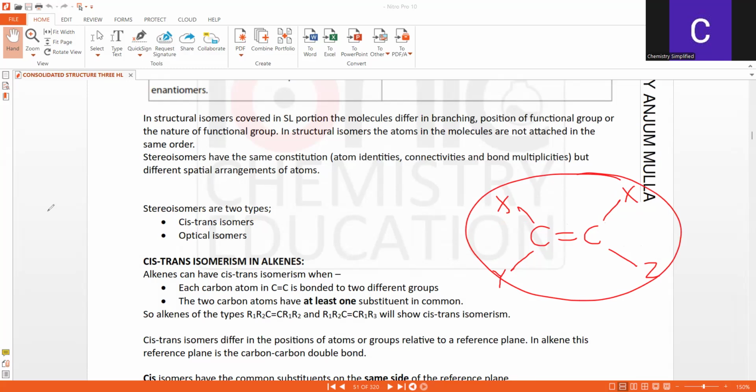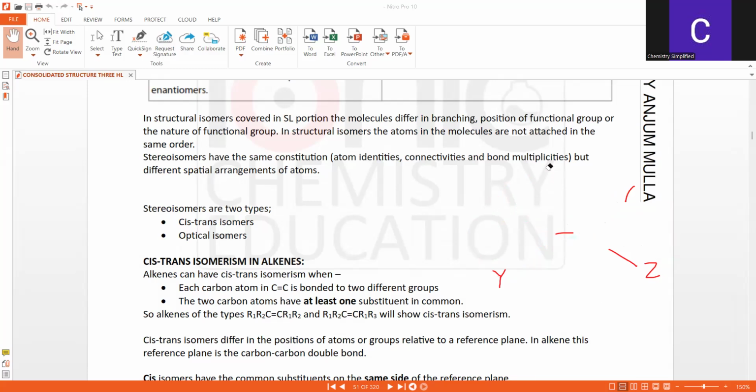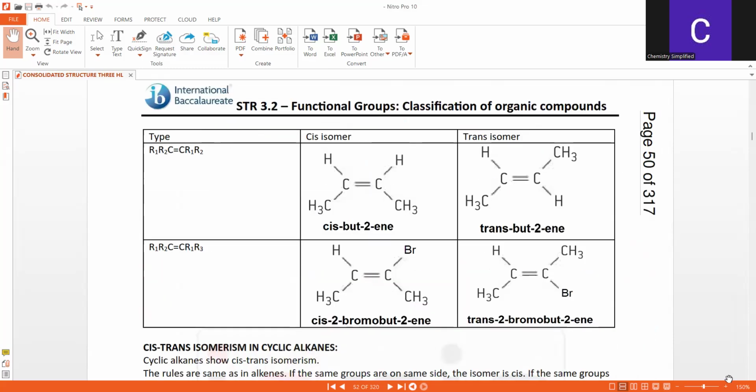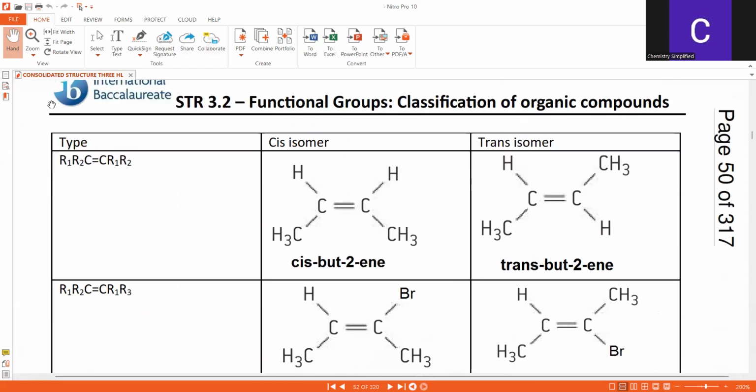Now what is this cis-trans isomer and why does the isomerism exist? We'll see that. For example, here, butene.